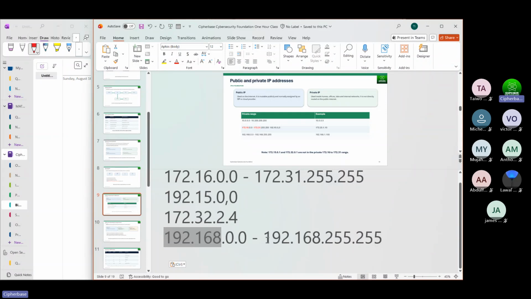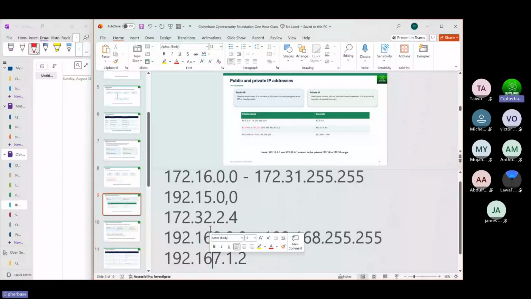So for any IP address, for example, if you have something like 192.167.1.2, as you can see, the second octet is no longer 168.